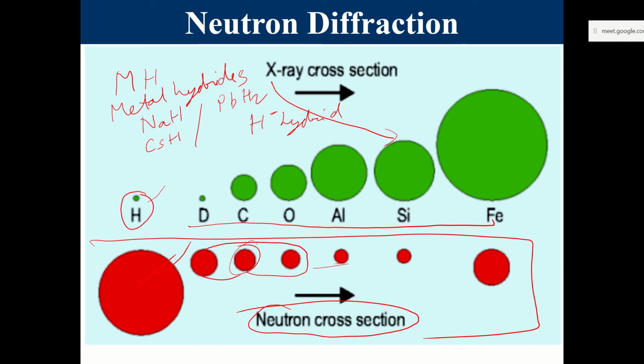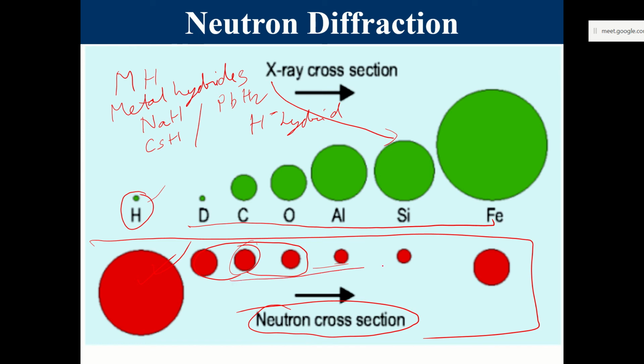That helps when you have a very large atom combined with a very small atom. Hydrides were the situation where lead was a very big atom and hydride is a small ion. So how will you get to know the position of hydride in the crystal? That is the problem, and it is resolved when we use neutron diffraction as the technique. Then we are able to know both positions.